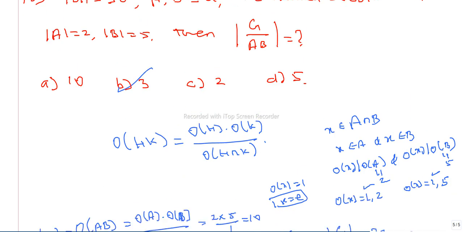Now the next question, the 14th. Suppose m and n are co-prime natural numbers. That means GCD should be 1. Suppose we have two natural numbers m and n, GCD is 1.